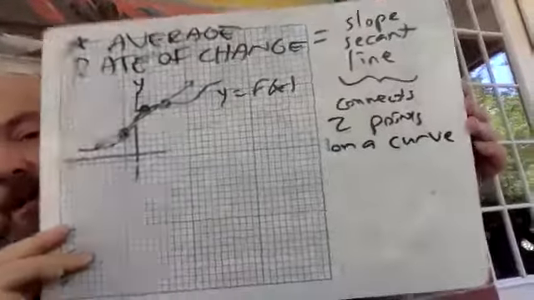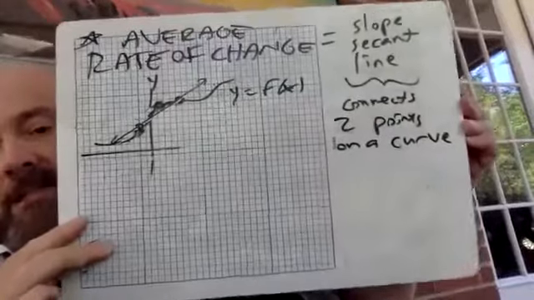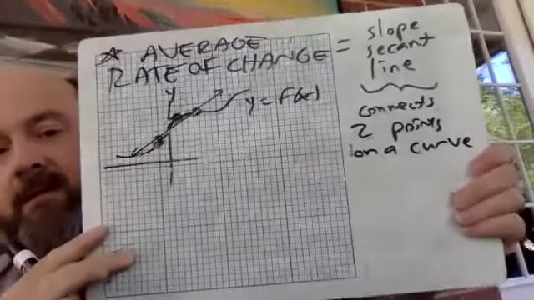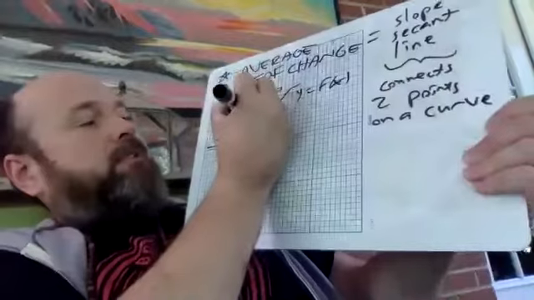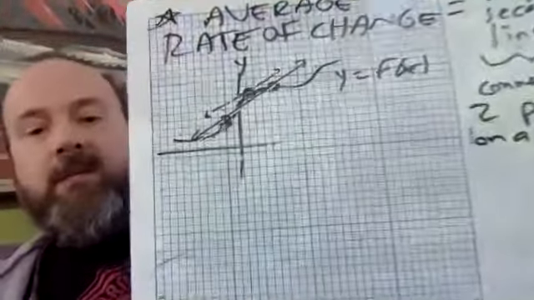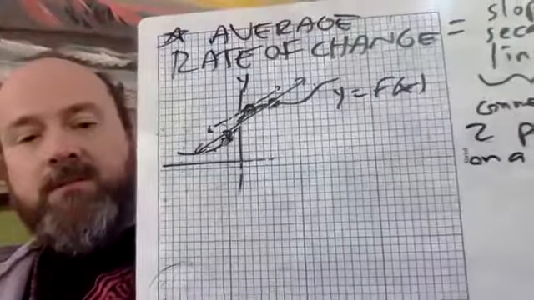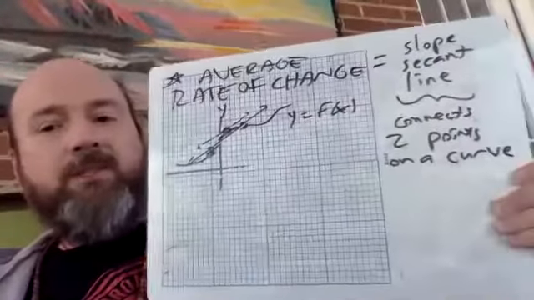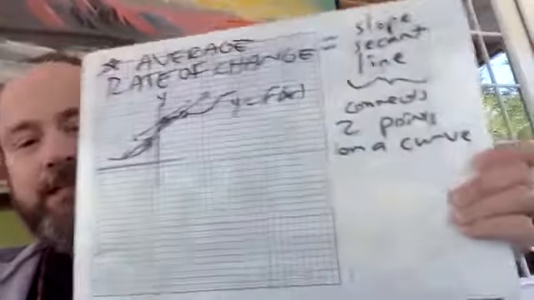Cool? See how I got rid of the tangent line and I replaced it with a secant line that's nearby? You can kind of see how those two lines are similar. They have similar slopes. I mean, I just made all of this up and drew it by hand. It's not very accurate. You can kind of see that.